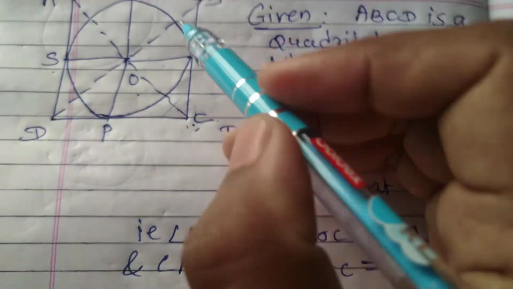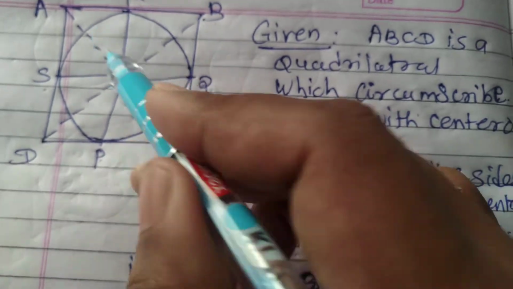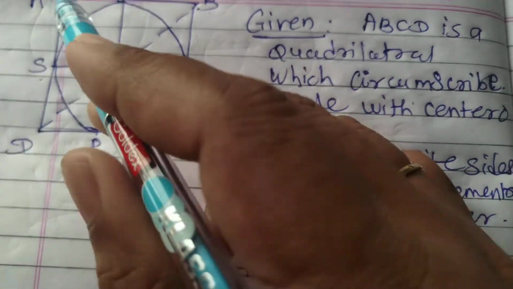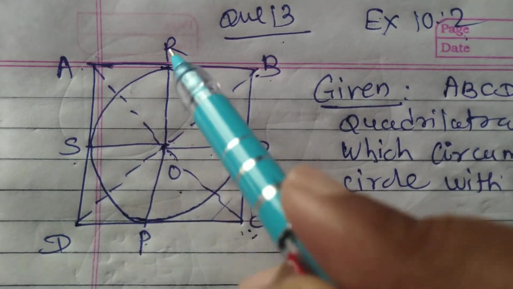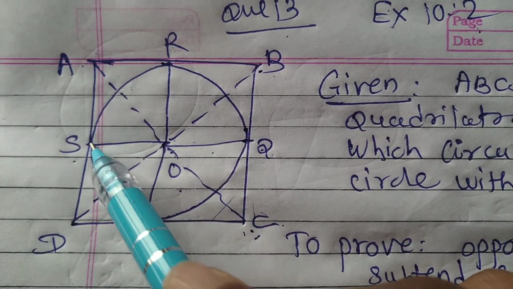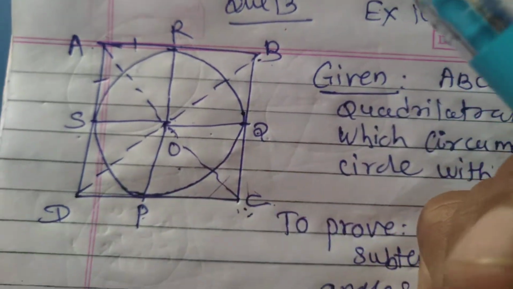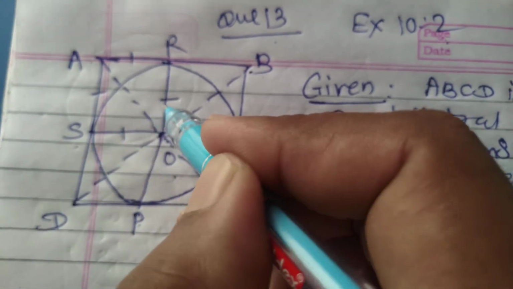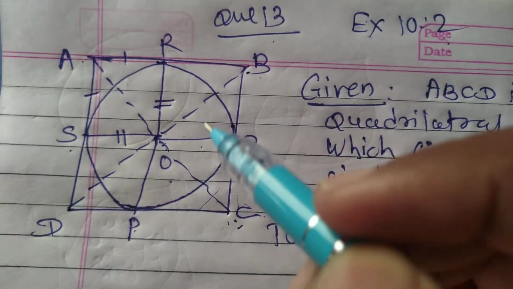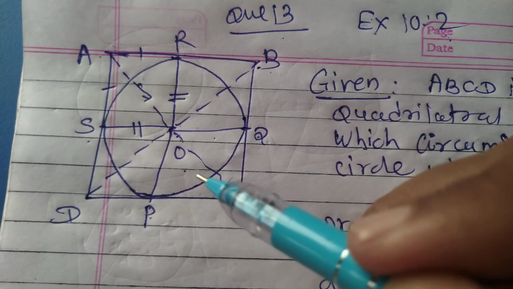Now we join these exterior points to the center, means we join the segments OB, OC, OD and OA. Now consider triangle AOR and triangle AOS. In these two triangles AS equals AR, already written. Now OR and OS are the radii of the same circle, both are equal, and AO is the common side for both the triangles.